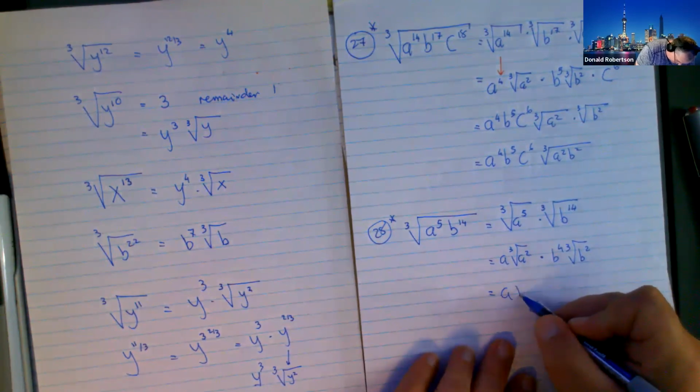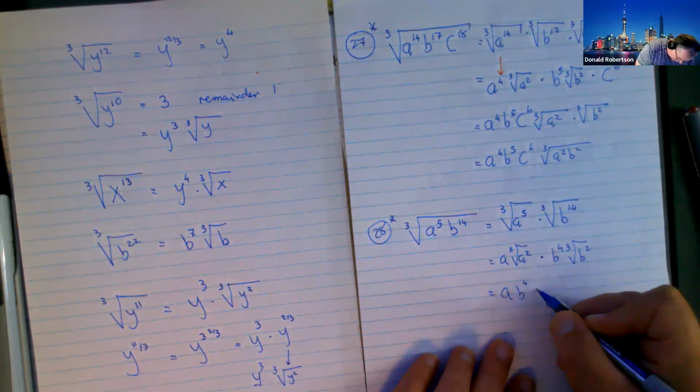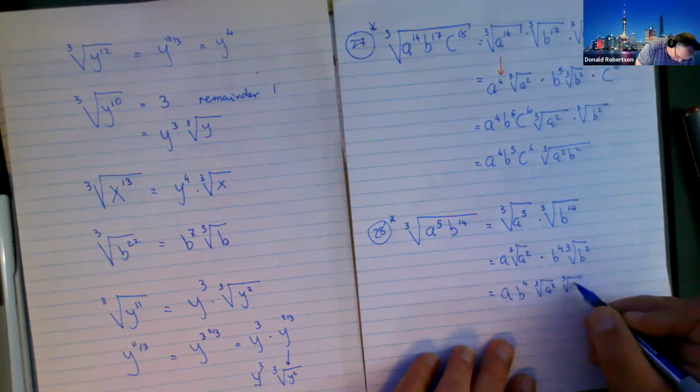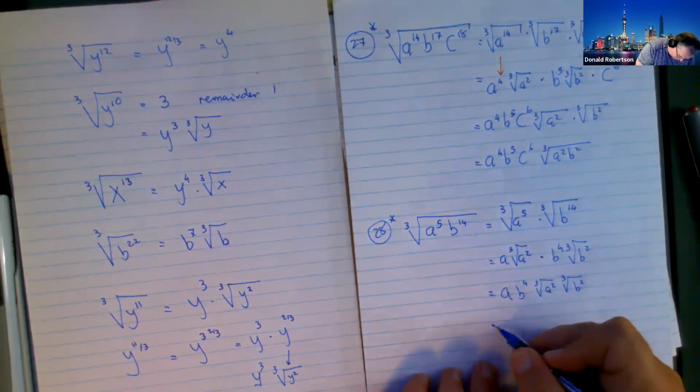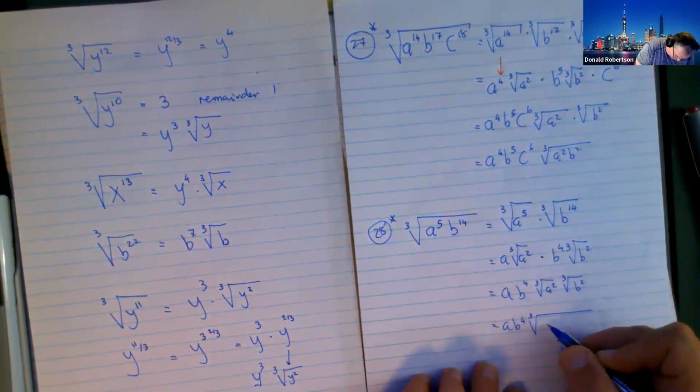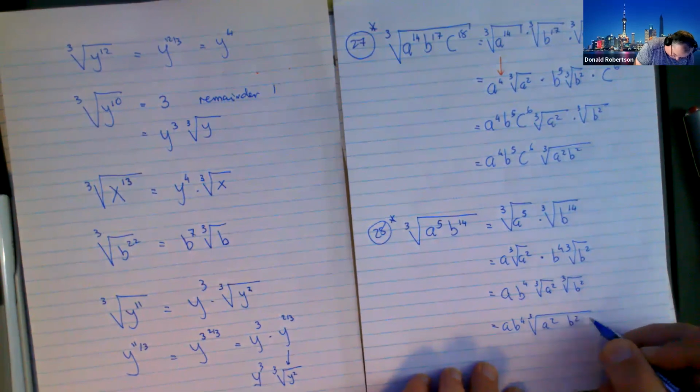I have an a, b to the 4, cube root of a squared, cube root of b squared. And now we combine them into a single cube root. And we're finished.